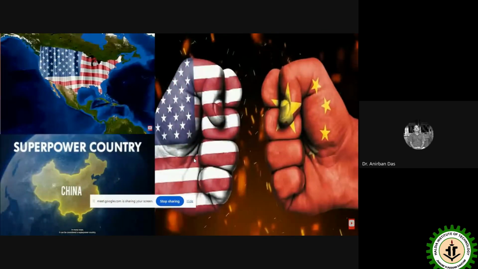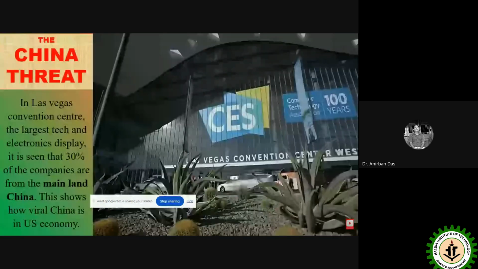Like the superpowers, China and the US, they're heading like anything now, and the China threat has risen towards the US, because a few months back, in Las Vegas, there was an exhibition of different companies regarding electronics, technical, and AI-based machines.